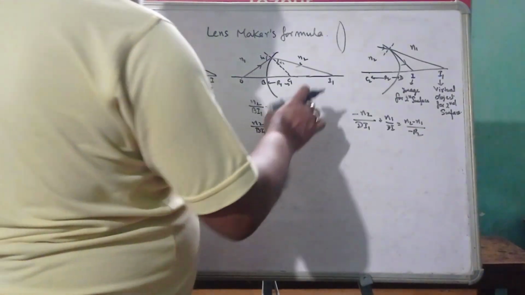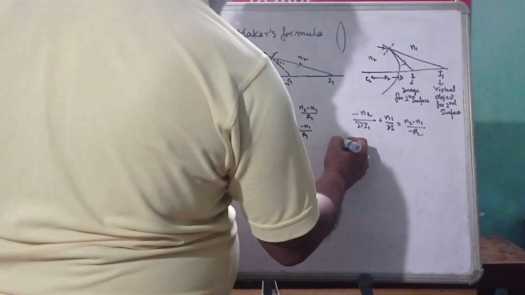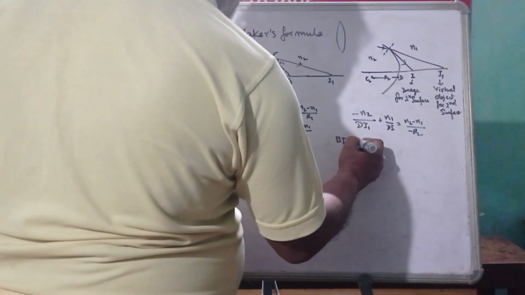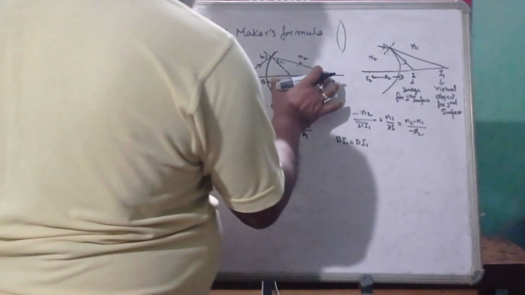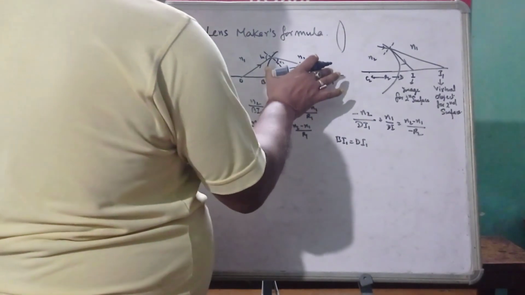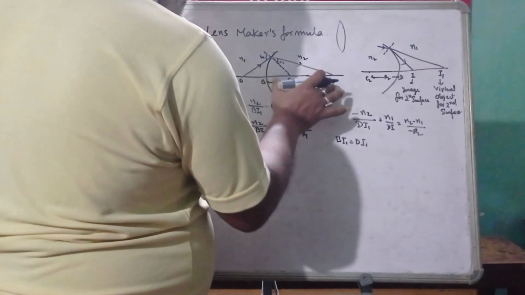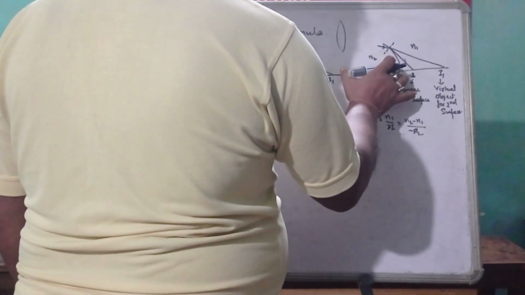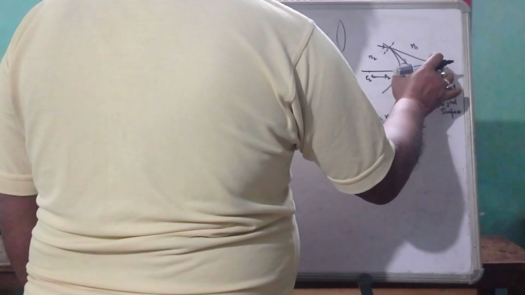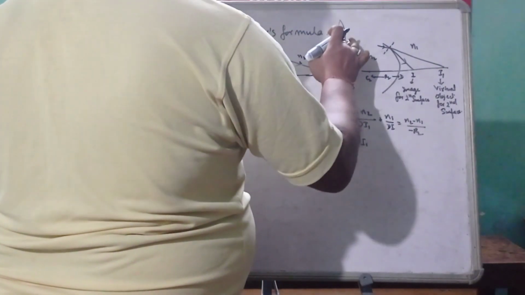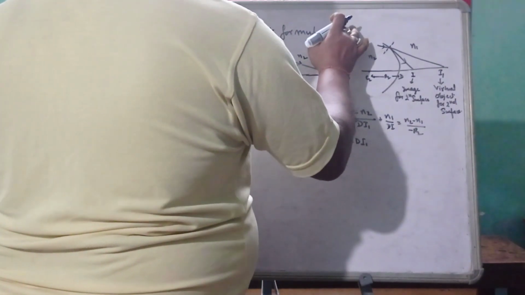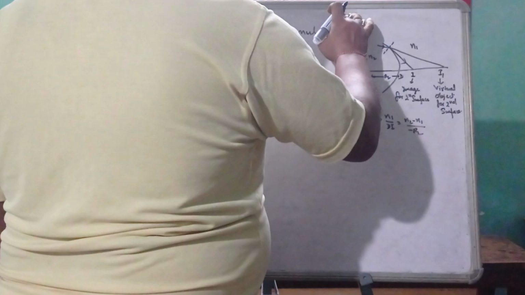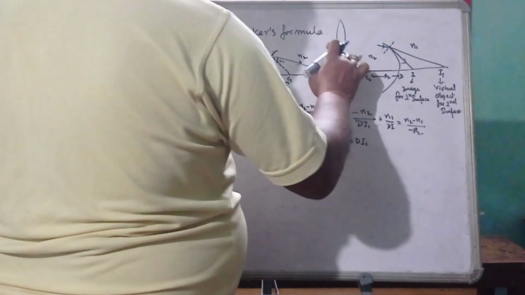The important thing here is that BI1 is equal to DI1. Why? Because this image is the object here. It is difficult to place here because my lens is this type.